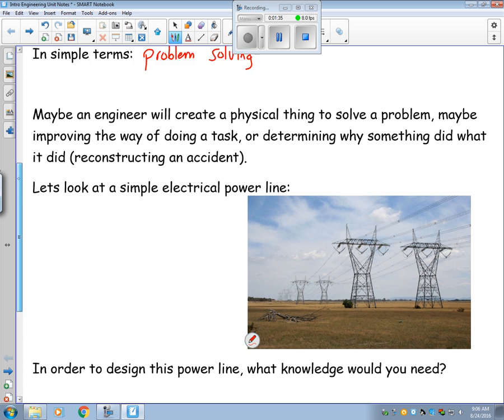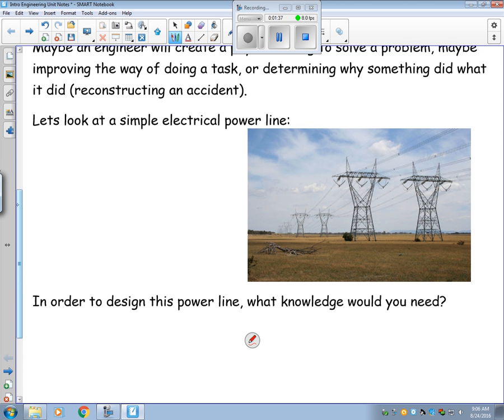So if we take a look at something simple, like an electrical power line, there's many things we have to look at. So first off, the structure. How do we build this structure so that the wind doesn't knock it down? How do we build the structure so that it's strong enough yet light enough that it doesn't sink into the ground? How do we attach the electric cables to the towers?